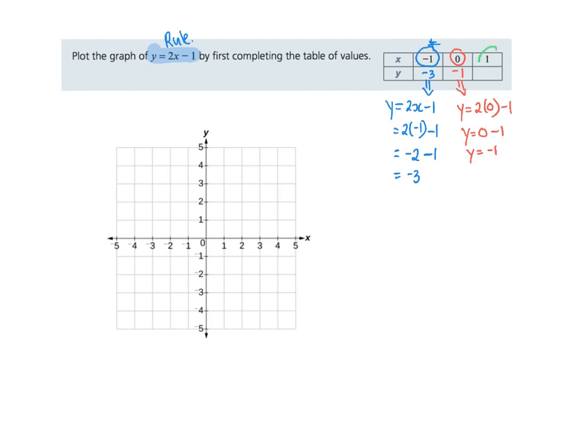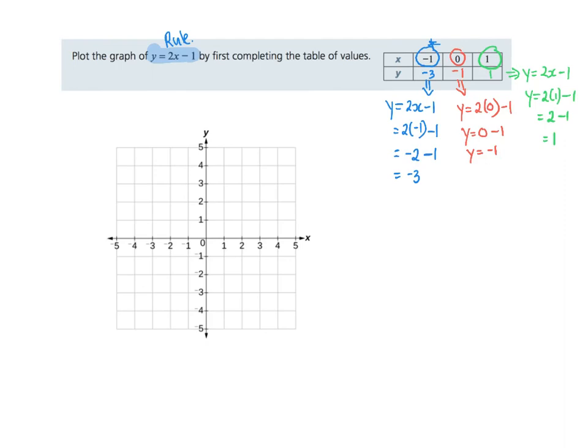And just to help you, I'll do this last one in another colour. I'm just writing out the rule, and then everywhere I see x, I'm going to put a 1 this time. So 2 times 1 would be 2, minus 1 is 1. That's how I found out what those other values were.